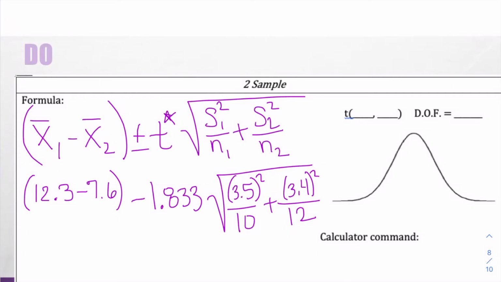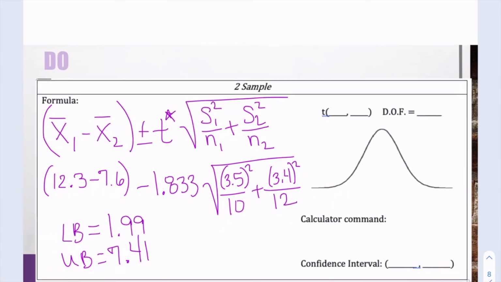So follow those calculations and see what you get. Maybe pause here to make sure you get the same calculations. What I got is a lower bound of 1.99 and an upper bound of 7.4.